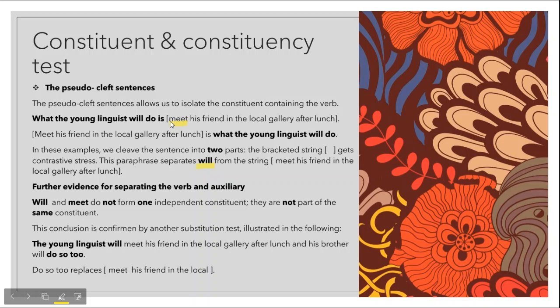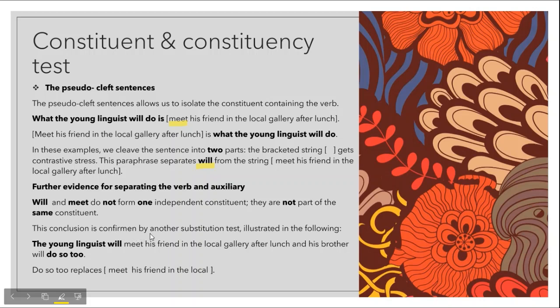Okay, so here we discover and verify that will does not make a constituent with the verb, meaning this one is on its own and that one is on its own. Further evidence for separating the verb and auxiliary: will and meet do not form one independent constituent. They are not part of the same constituent. That is what we said.